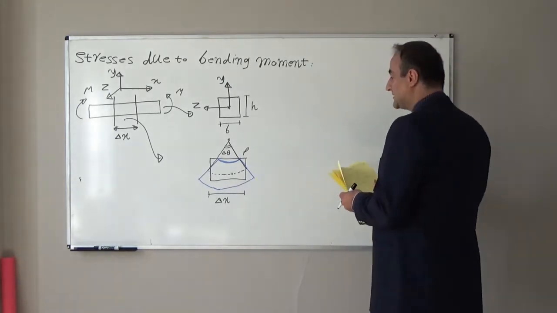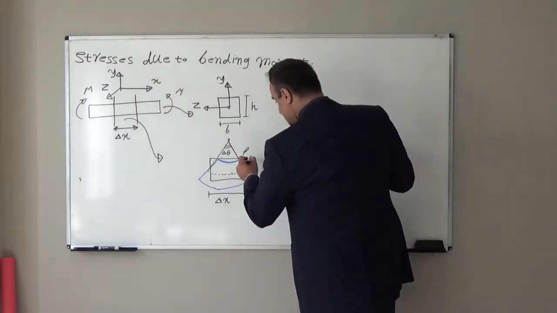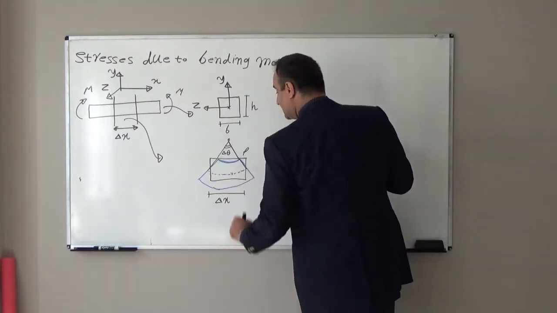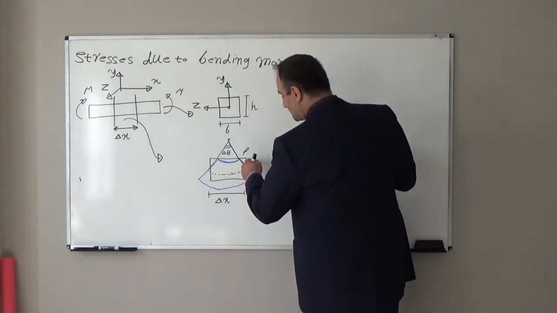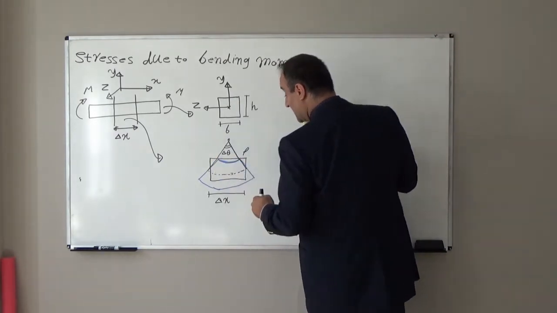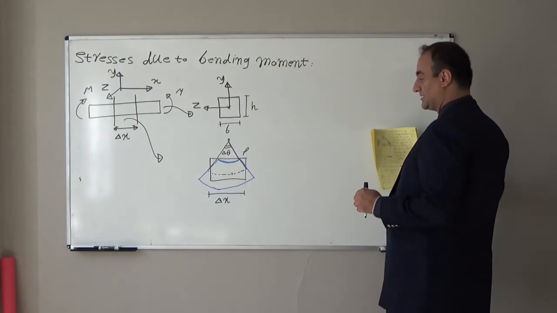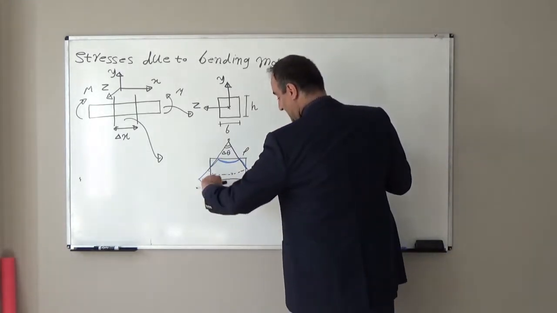If you look at the segment, what you see? Top side here and here, we have compressive strain. You see in top side, the length will decrease, it will contract. But we will have elongation, expansion in bottom side of the beam.